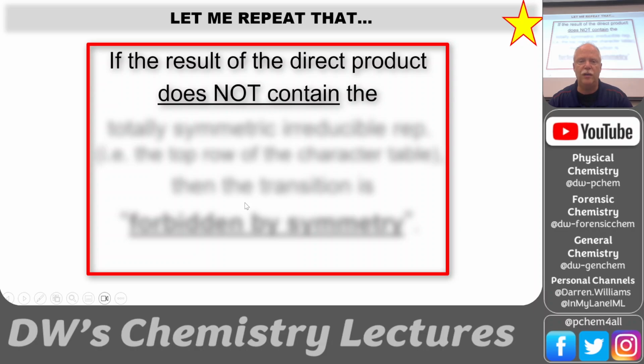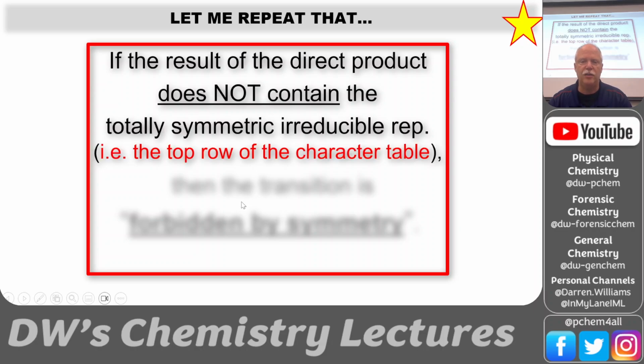So I've just emphasized this again. If the direct product result does not contain the totally symmetric irreducible representation, which is the top row of the character table, notice I have to say it that way, because in some character tables, top row is Ag. C2v character table, it's A1. Some others, it's just A. So I can't give you an A thing. I have to say top row. So whatever point group I'm in, I look at that character table.